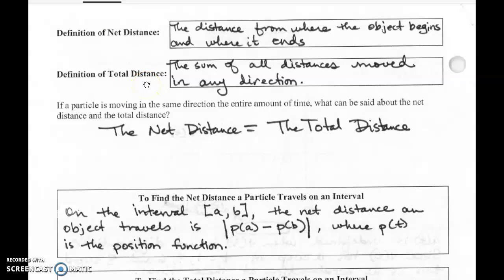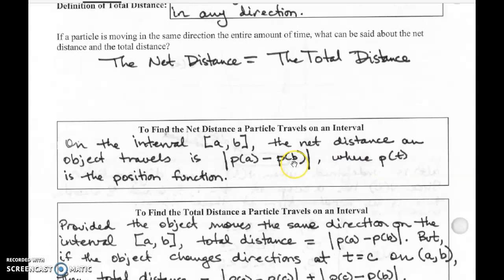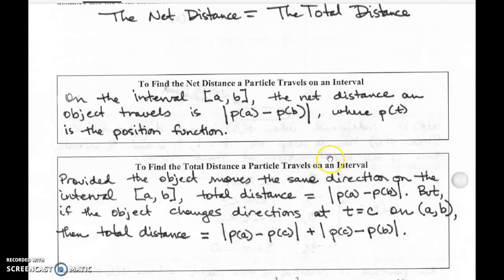Now, if you're always going in the same direction for the entire time, let's say you live west of here, so you only traveled east, and you didn't go back and forth anywhere, your net distance will be equal to your total distance, always. But now what we're going to do is talk about how we can find the net distance of a particle versus total distance of a particle.